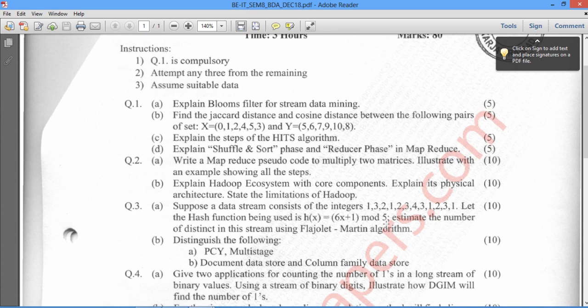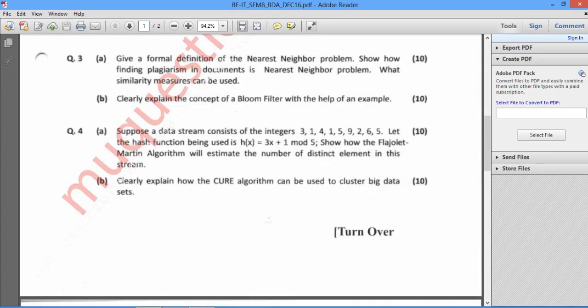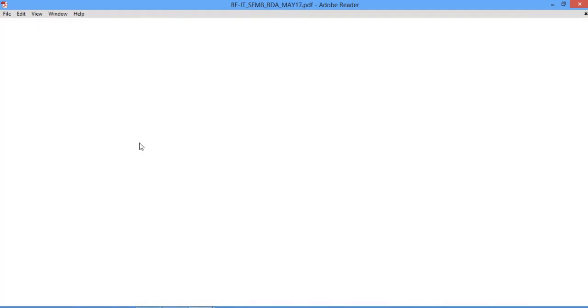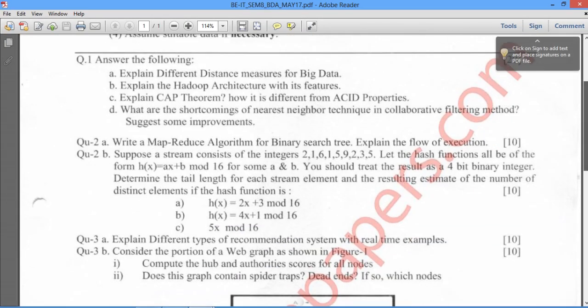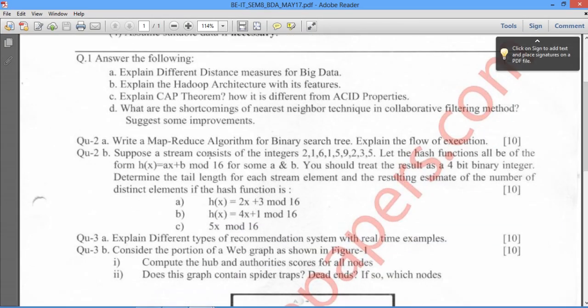There is one more type of sum, students, where more than one hash function is given to you. We will also make a video on how to solve a sum where more than one hash function is given. If you search some question papers, you will find where more than one hash function was asked like this. Suppose a stream is given: 2 1 6 1 5 9 2 3 5. Let the hash functions be h of x is ax plus b mod 16, not 3x, 4x, 5x.